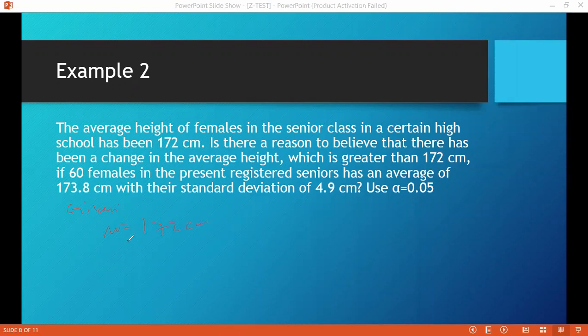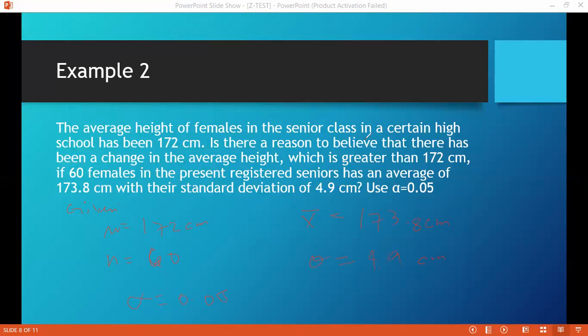We also have n equals 60. Then we have x bar or sample mean of 173.8 centimeters and standard deviation of 4.9 centimeters. We also have a given alpha of 0.05.